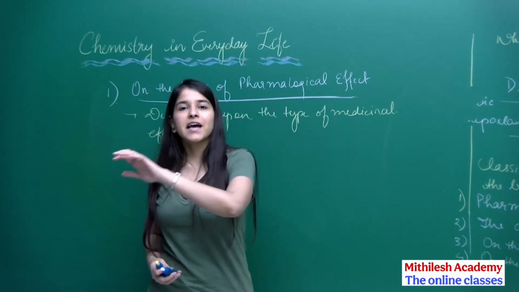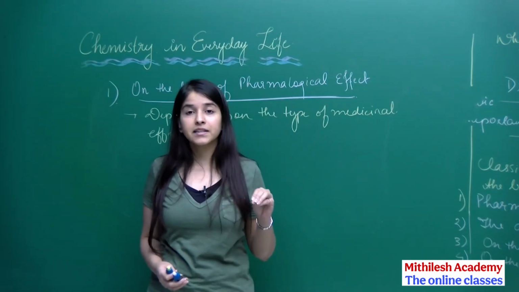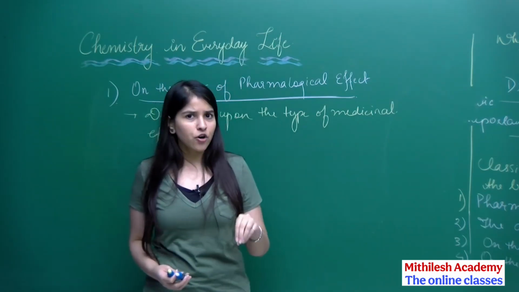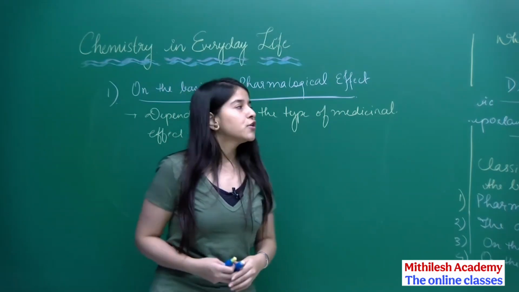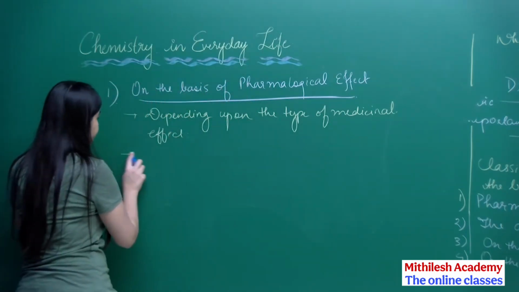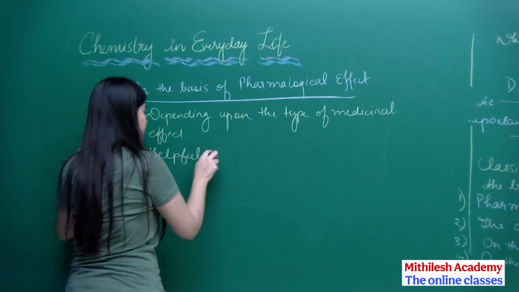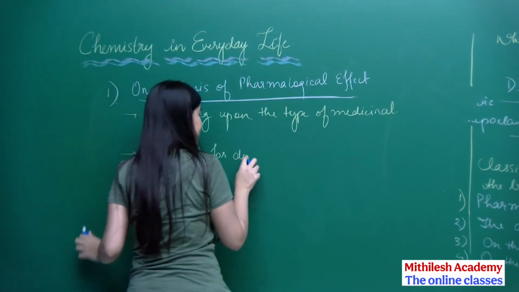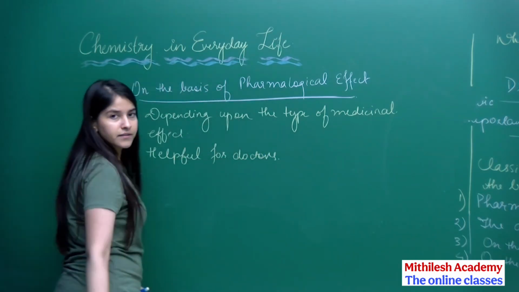That is the actual knowledge which doctors retain in their minds every time in order to have a proper, perfect medicine for a perfect disease. So basically this kind is helpful for doctors. The reason I have told you why.